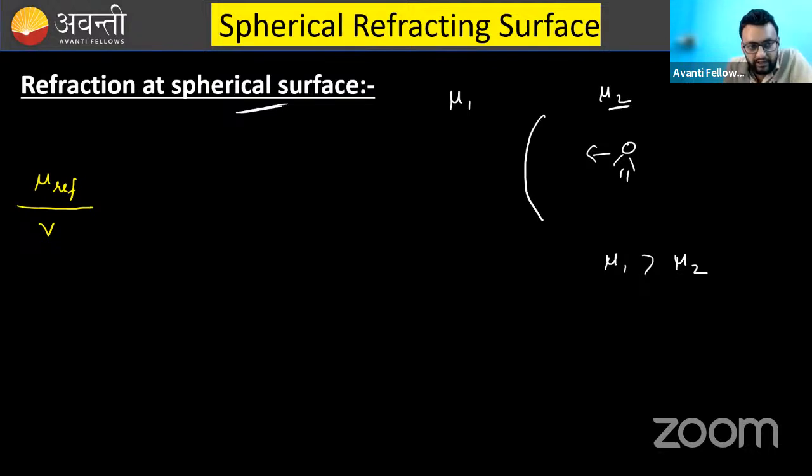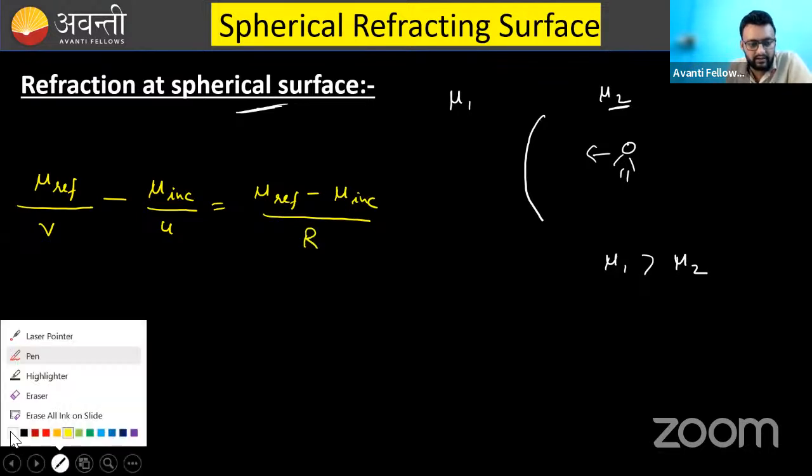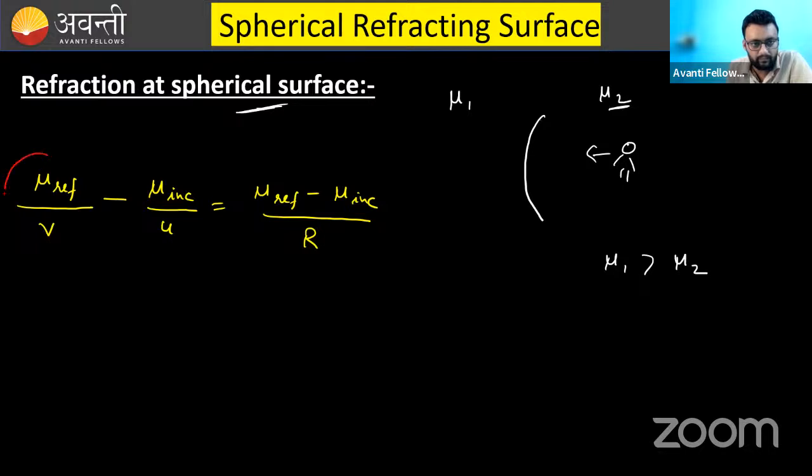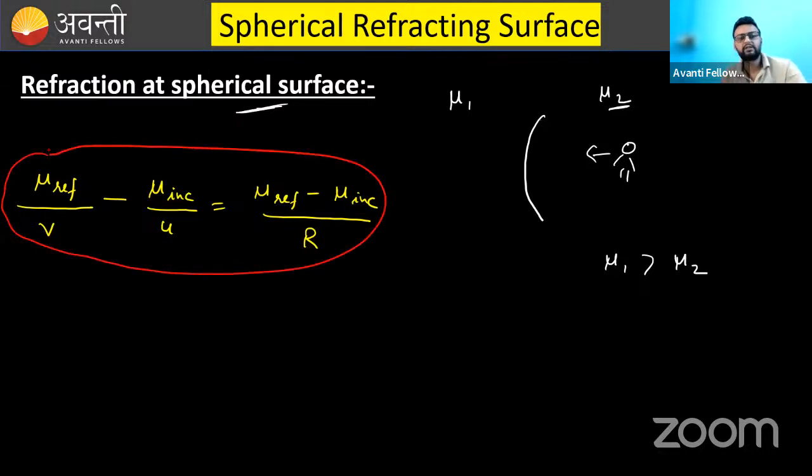That is, refraction medium divided by image distance minus incidence medium divided by object distance is equal to refraction medium minus incidence medium divided by R. This is the standard way to write this. I think every point is clear.